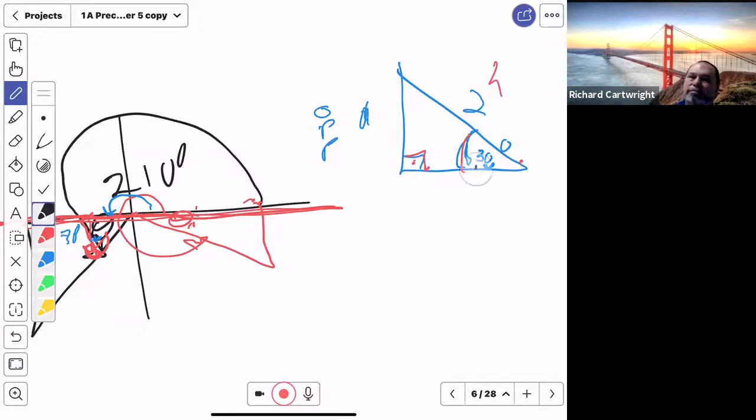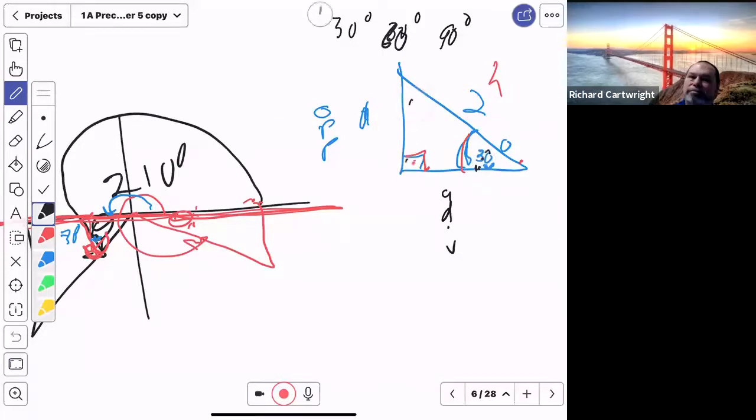Then this is next to the 30, so we call it the adjacent. When we label the values of a special triangle, this is called a 30-60-90 triangle, because the angles have to add up to 180 inside.